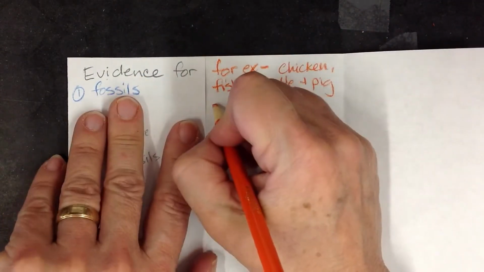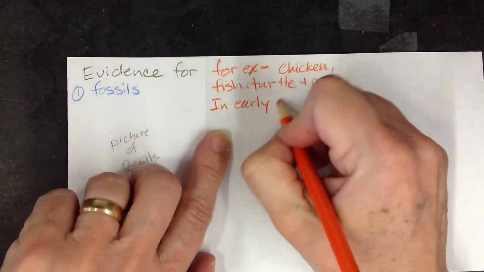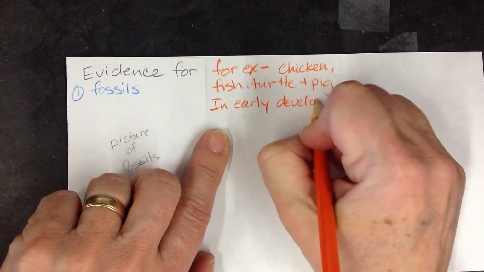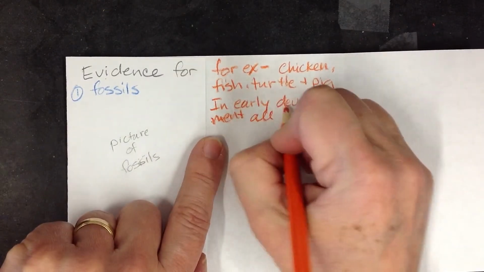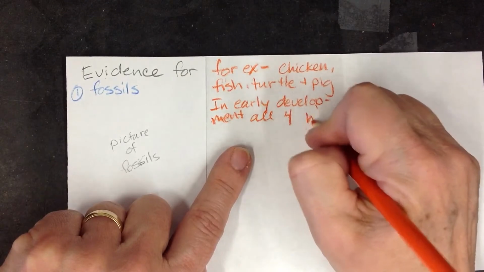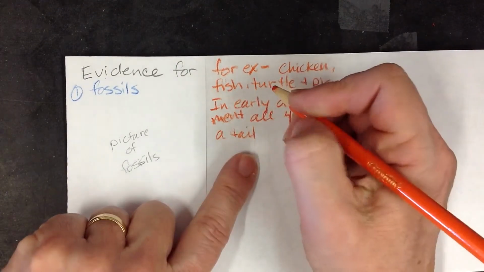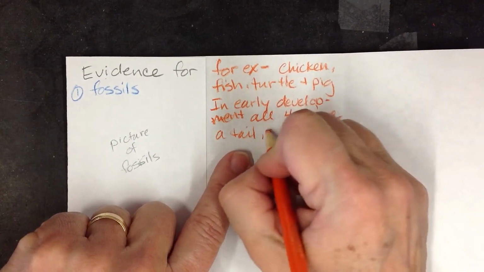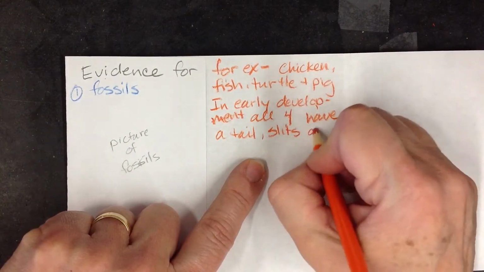What about them? Well, in early development, all 4 have a tail, and they also have slits along their throats.